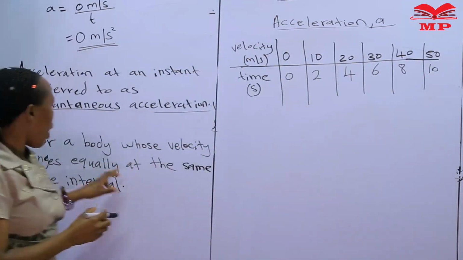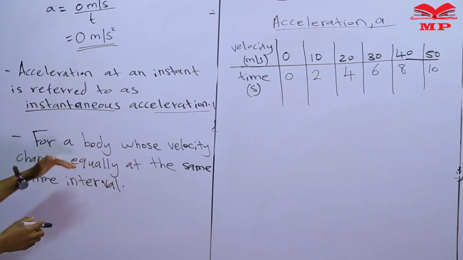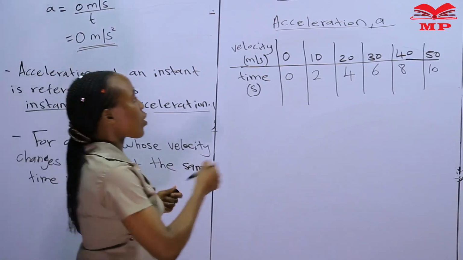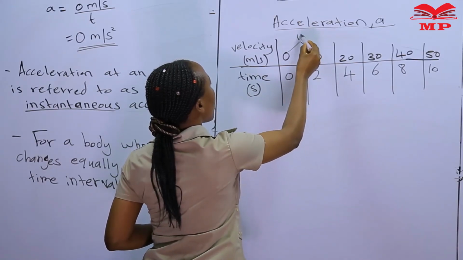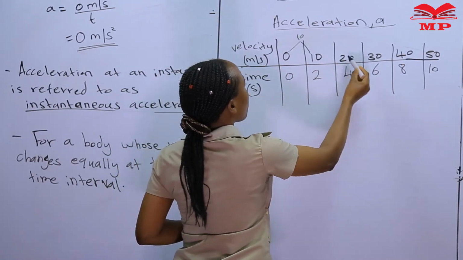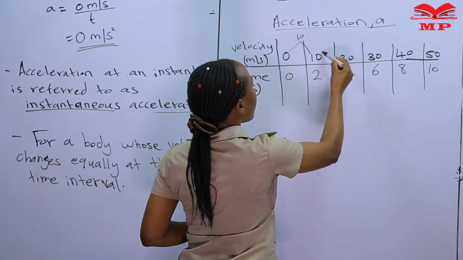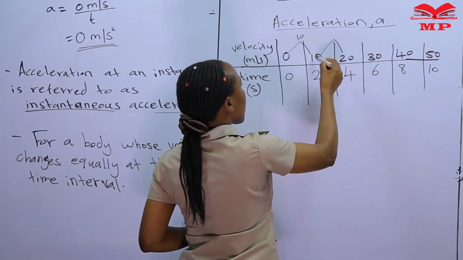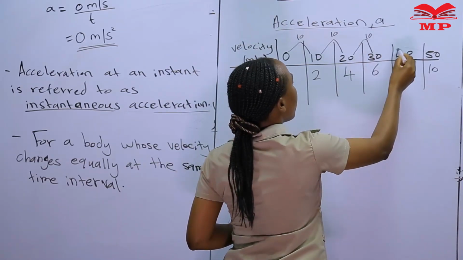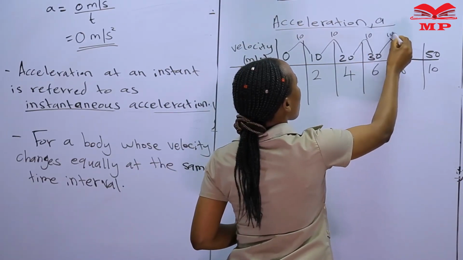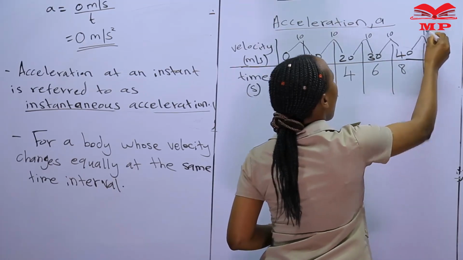Now I want us to look at the change in velocity. From 0 to 10, the change is 10. From 10 to 20, the change is final minus initial, which is again 10. Again 10, and 40 minus 30 is also 10, and again here we have 10.